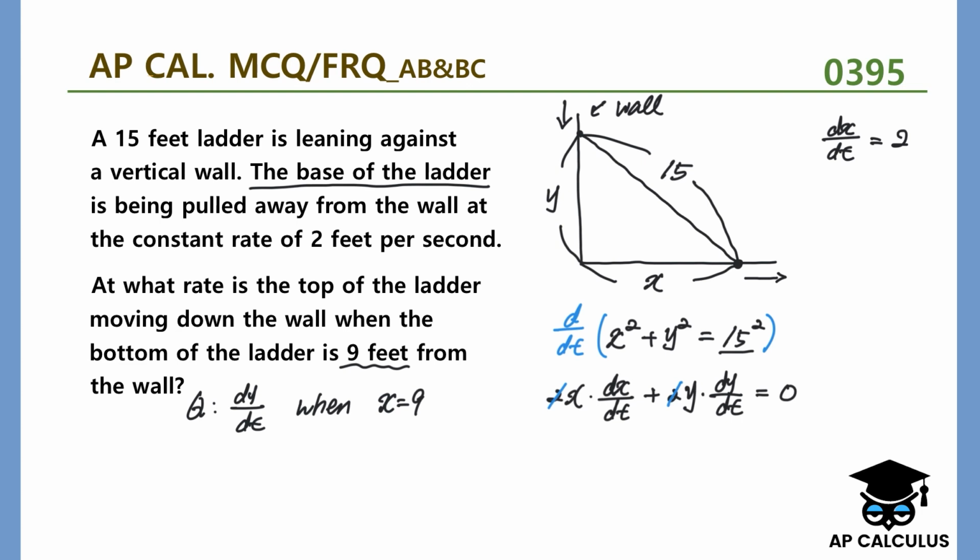And the question is to find dy/dt when x is equal to 9, right? So when x is equal to 9, using the Pythagorean theorem, we can find the value of y, right? Here, 9 is 3 times 3. 15 is 3 times 5, right?